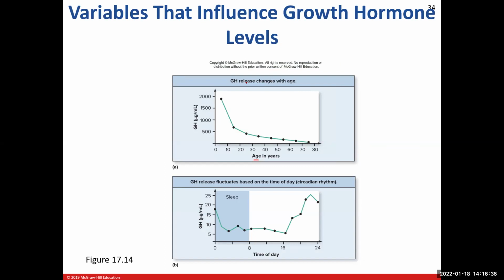And you can see here during the time of day, you'll notice how we produce quite a bit of growth hormone in our evening periods if you're on a normal 24-hour circadian rhythm, that sleep-wake cycle. So you'll start to produce growth hormone in the latter part of the day and throughout sleep until the early hours of the morning.